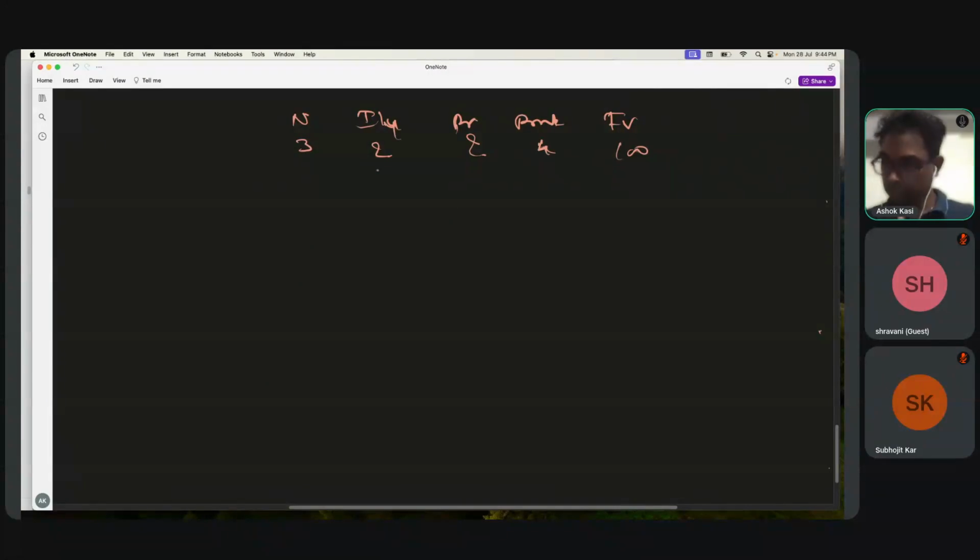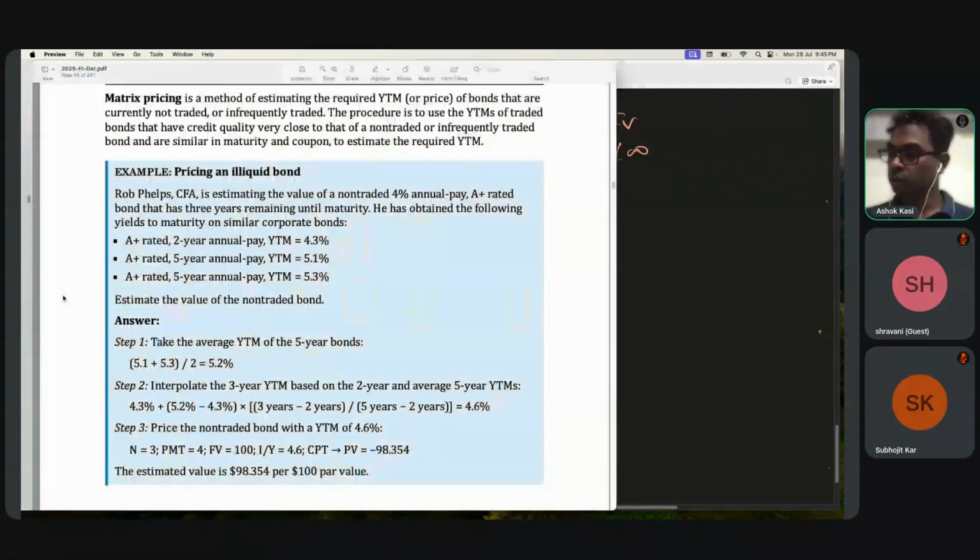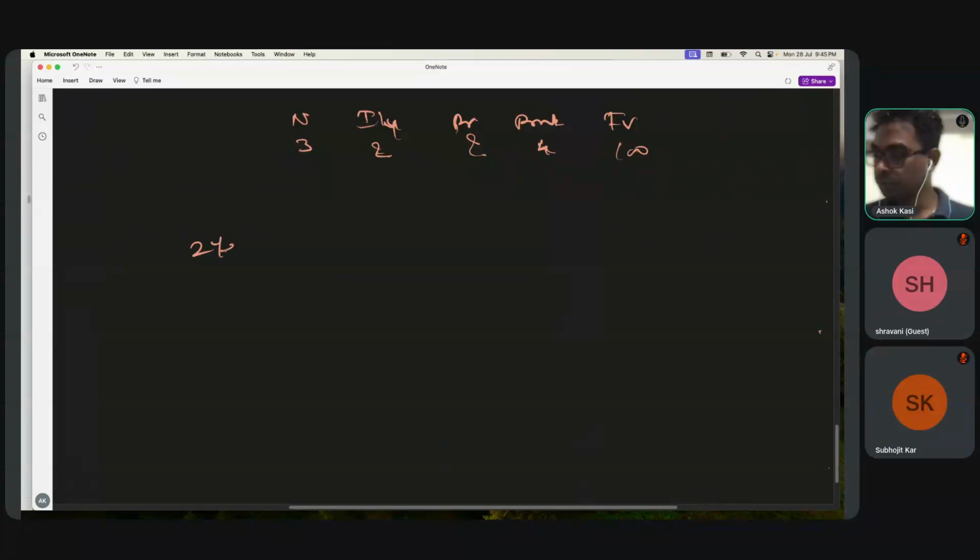If we get I/Y, we will get to know the present value also. So to know the I/Y, we will look at the market. In the market, 2 year YTM is 4.3%, and for 5 year we are getting 2 YTMs. We will take the average of these two so that we get only one. See, 2 year and 5 year.